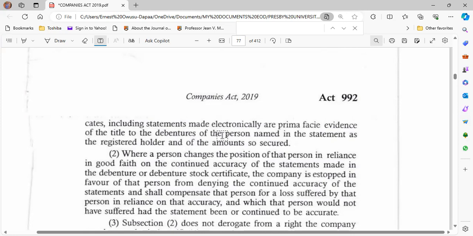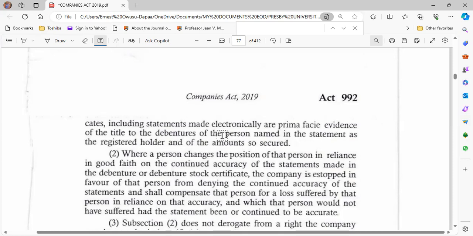So the fact that your name is mentioned on the face of the debenture, in the absence of contrary evidence, the default position will be that you are the owner of the amount of money signified by the particular debenture, as it were.